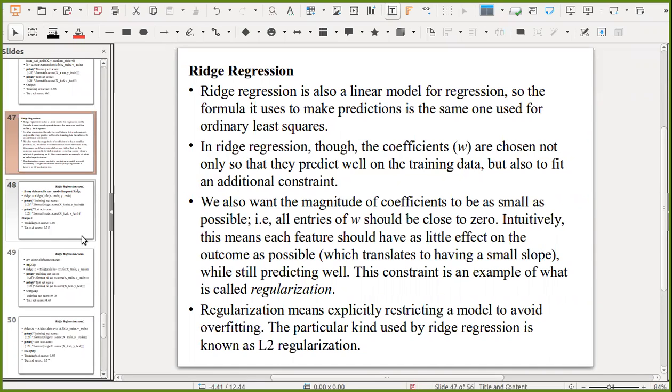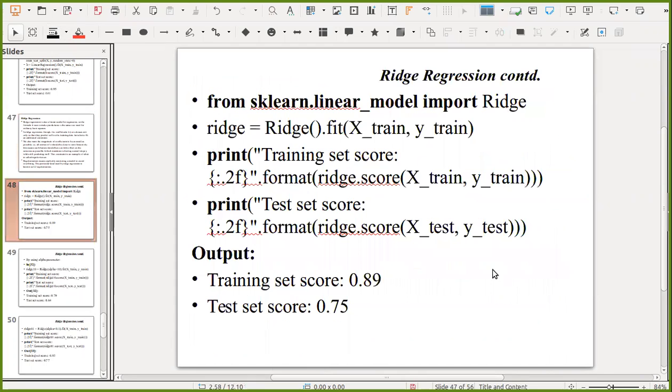Along with the training data, some relaxation is allowed for the test data also. Regularization means explicitly restricting the model to avoid overfitting. This uses L2 regularization. So here is the formula or code for this.